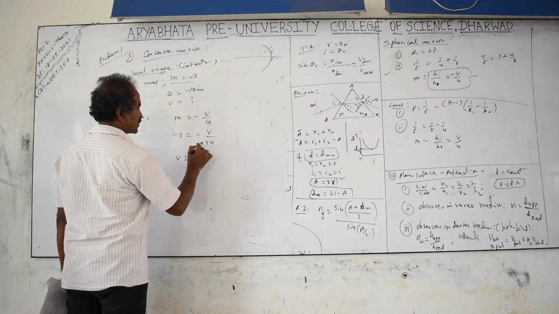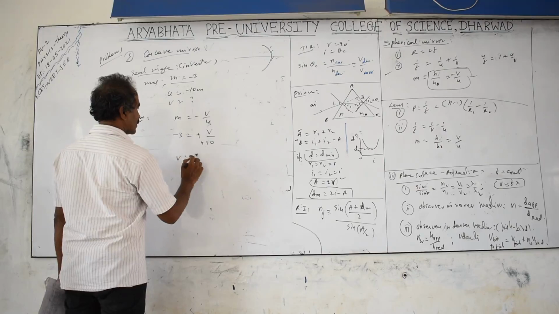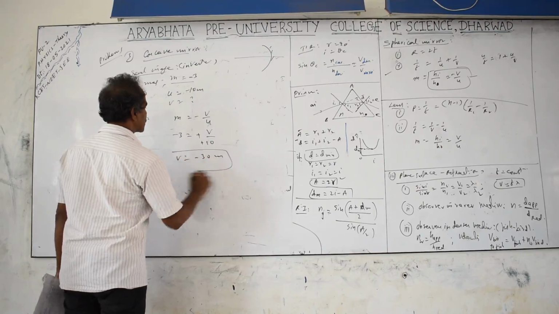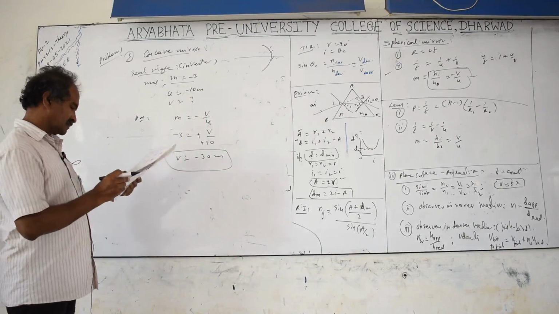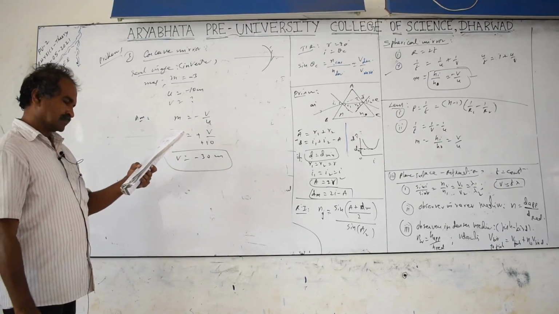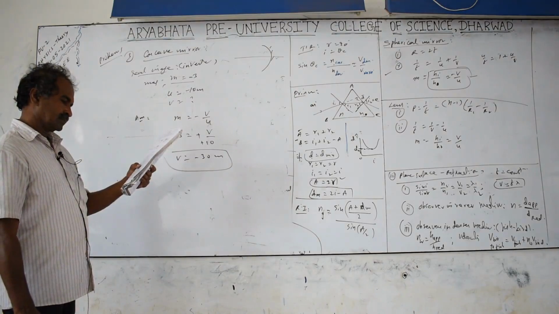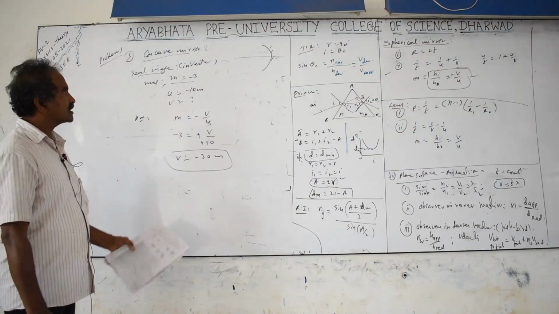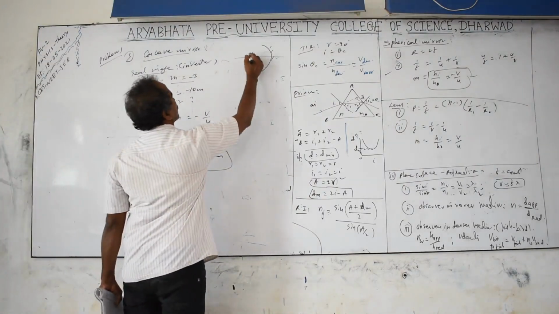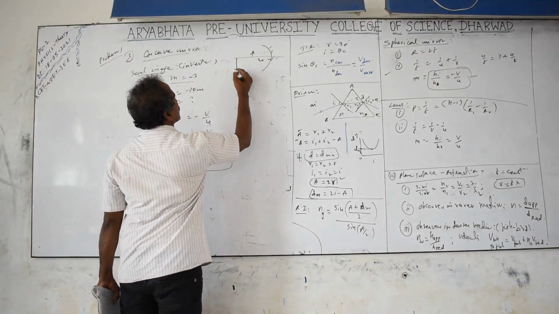Minus into minus becomes plus, so v equals minus 30 centimeters. Minus 30 means it is formed on the left side. U is here, v is here.